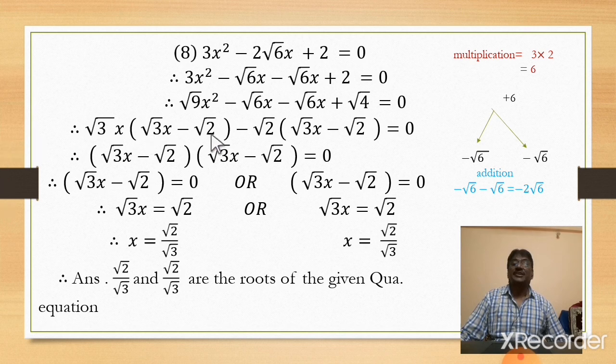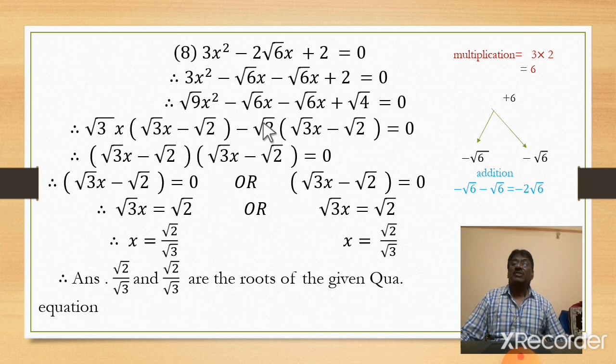If you take minus under root 6 and minus under root 6, those two numbers' addition is minus 2 times under root 6, and multiplication is minus minus plus, and root 6 into root 6 means root 36, and root 36 is 6.